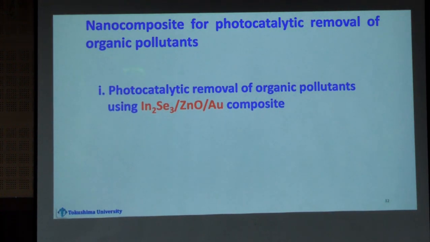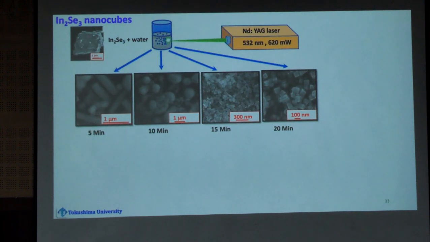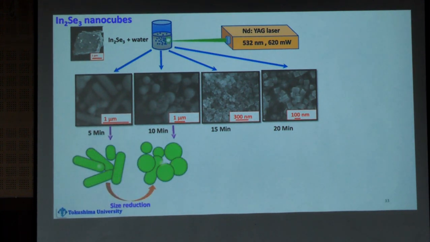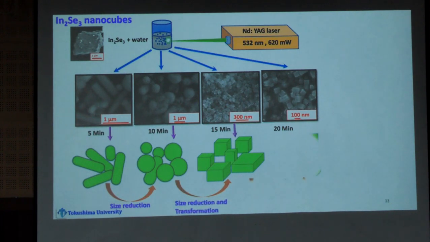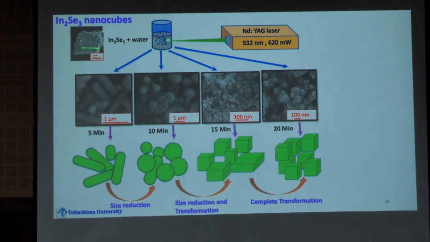Now the first example is this. This slide I showed you yesterday and you already know about it, so I am not going to explain it again, but you can understand that we started with the bulk material which has a size of 2 micrometer. Okay, this is 1 micrometer, and this is a sheet-like structure, like one paper on another.